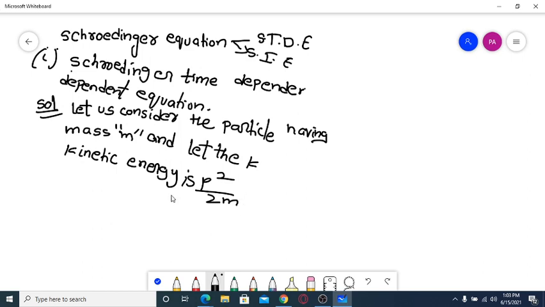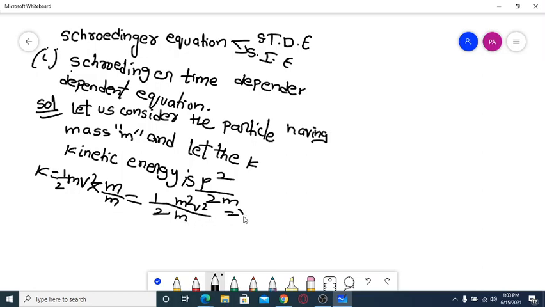You already know that kinetic energy is given as half mv square. What we are doing here is multiplying with m and dividing by m. So what do you obtain? Half m square v square by m.